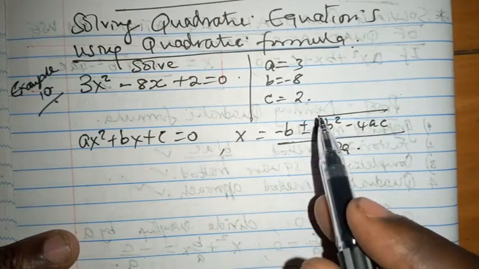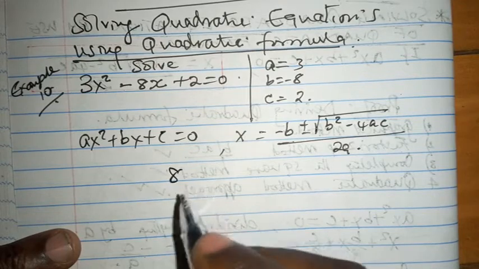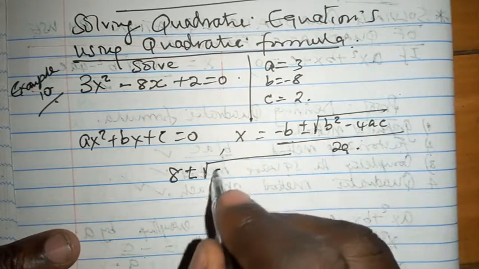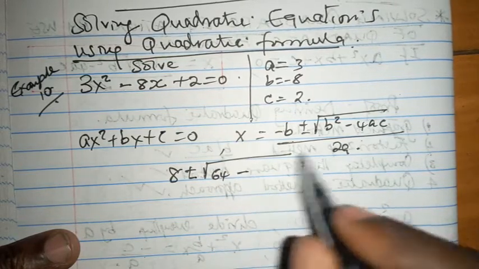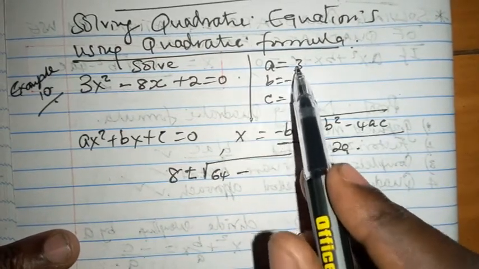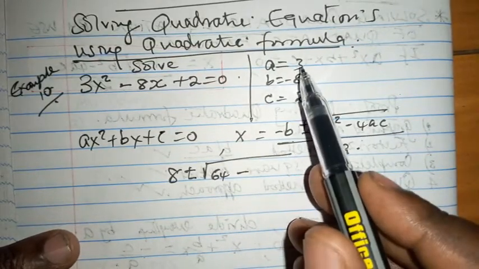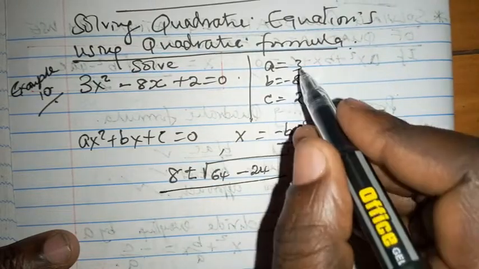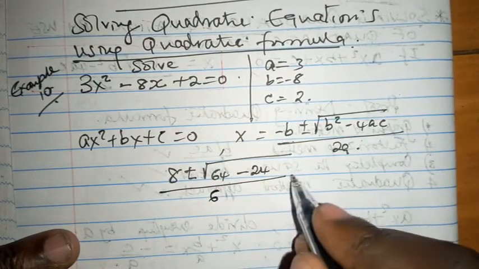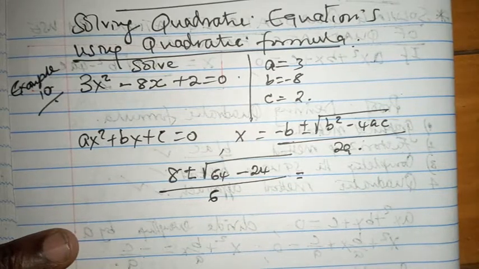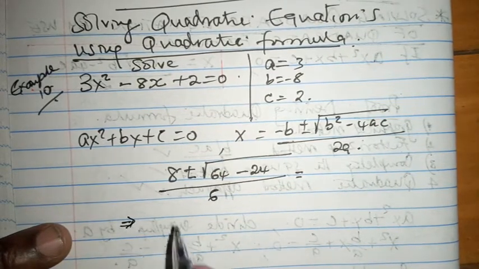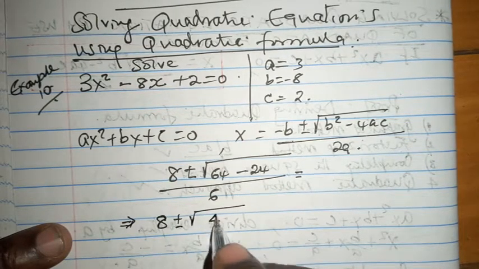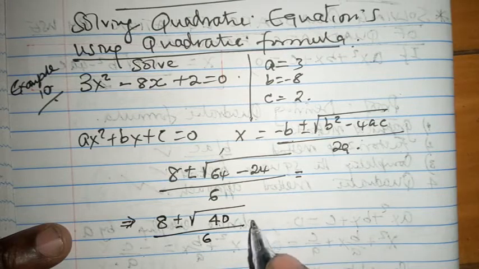So minus b means minus minus 8, which is plus 8, plus or minus the root of b squared, which is minus 8 squared, 64, minus 4 times a times c. 4 times 3 is 12, 12 times 2 is 24. Everything over 2a, which is 2 times 3, 6. And at this point, we have something that looks like 8 plus or minus the root of 64 minus 24, which is the root of 40, all over 6.